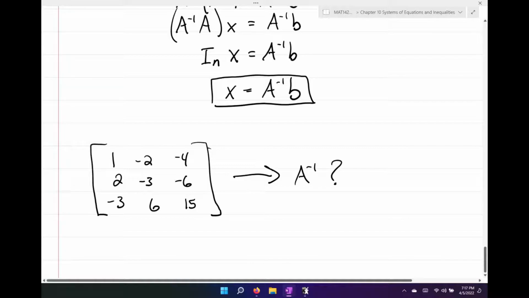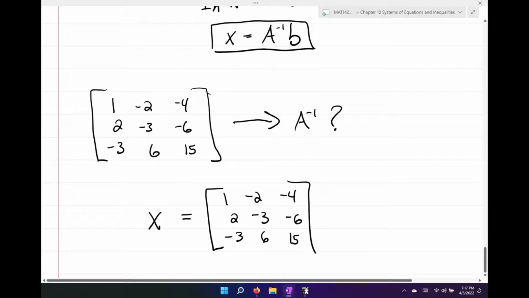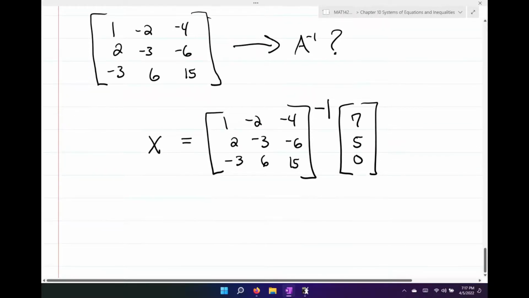Because if it does, then we can write X equals the inverse of that matrix multiplied by the output 7, 5, 0. This is a 3 by 3, which means the inverse is a 3 by 3, and this is a 3 by 1. So these match, which means my answer is going to be another 3 by 1 matrix.